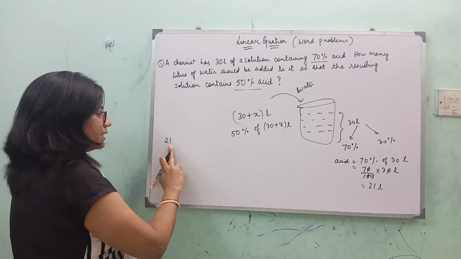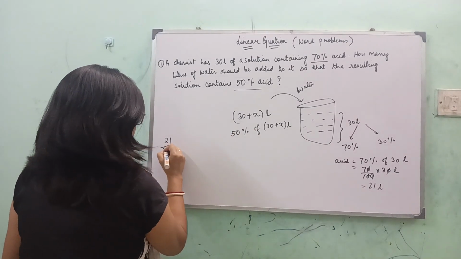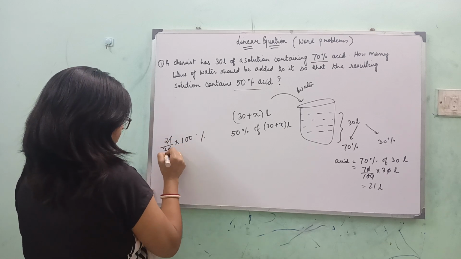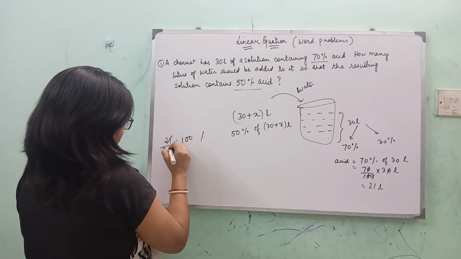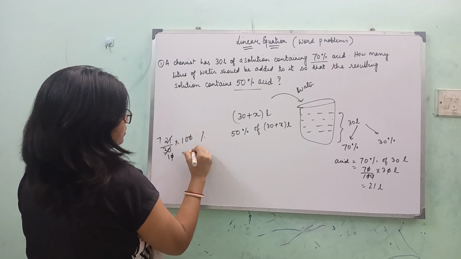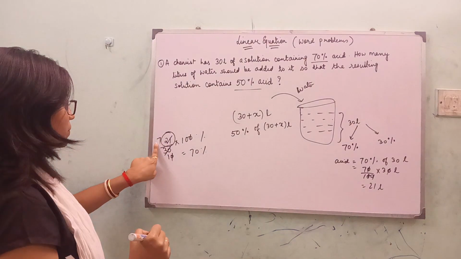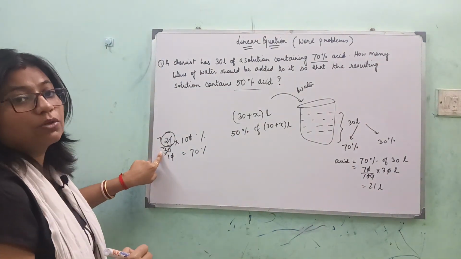Initially we had 21 liters of acid when the solution was 30 liters, which gave 70%.